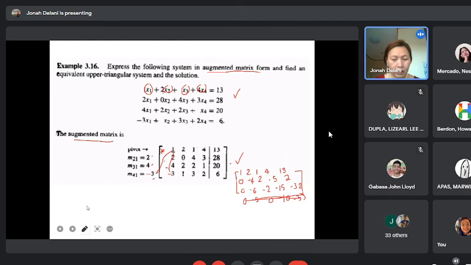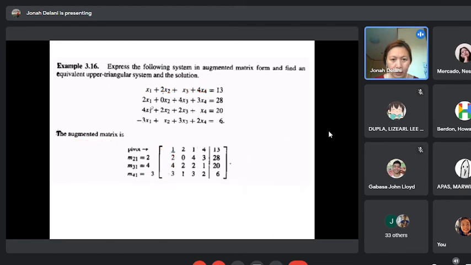The user, kita magbutang sa mga formula, the user would only be inputting the values of the coefficients. Kakita buta sa calculator, we will only be inputting the values of the coefficient.